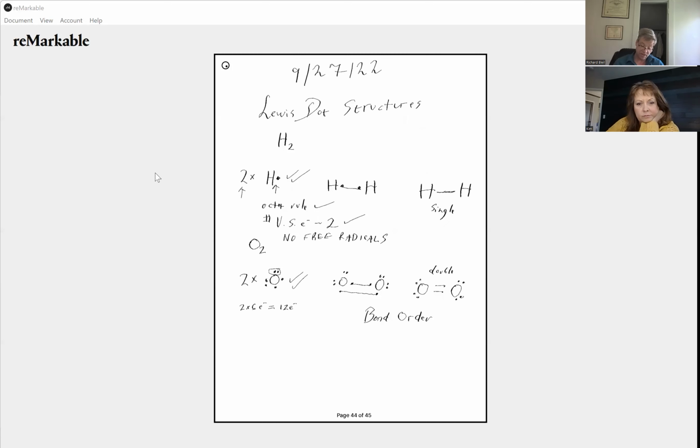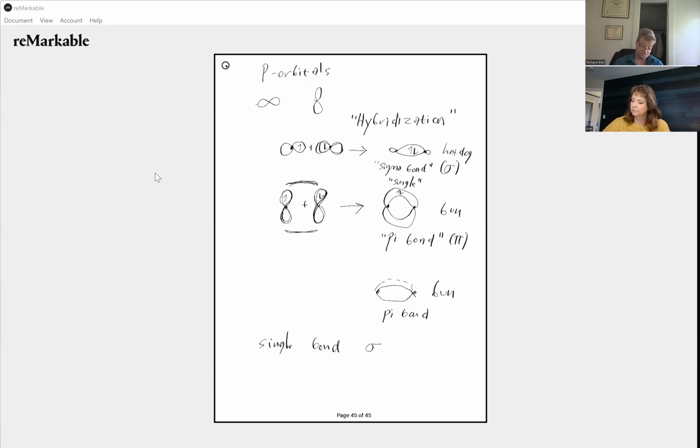So this hydrogen single bond here is just a sigma bond. Those electrons are exactly in between the two elements. A double bond is one sigma and one pi bond. It's the hot dog and the bun.